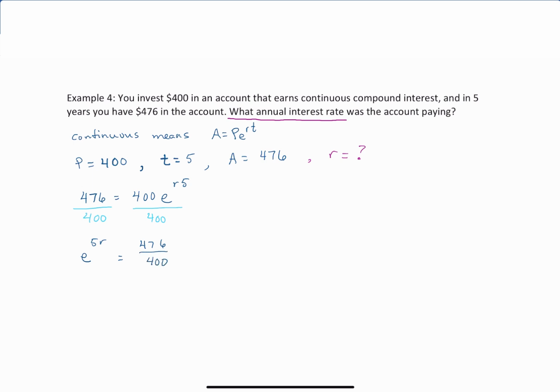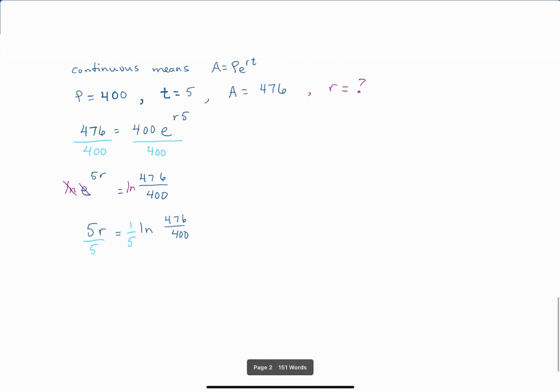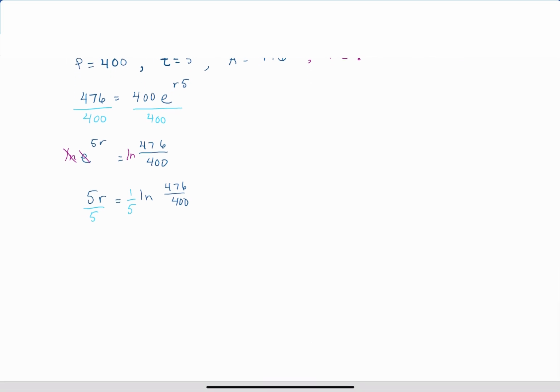Now that we have the exponential expression isolated, I can take the natural log on both sides, which gets rid of both the ln and the e on the left-hand side, leaving me 5r equals ln of 476 over 400. I'll isolate the r by dividing both sides by 5. On the right-hand side, dividing by 5 is the same thing as multiplying by 1/5. You can write it either way, it doesn't matter.